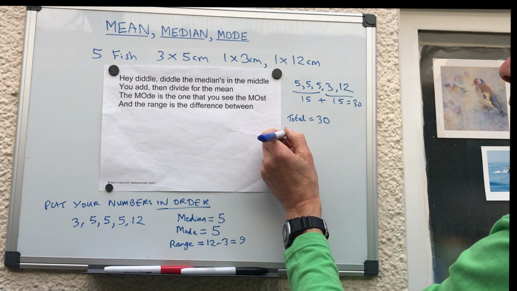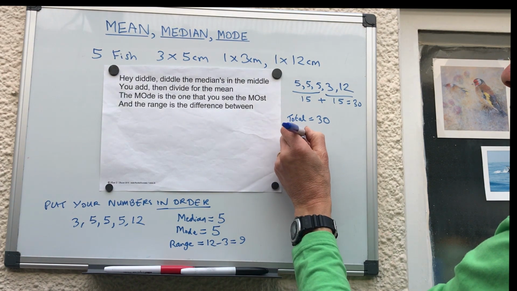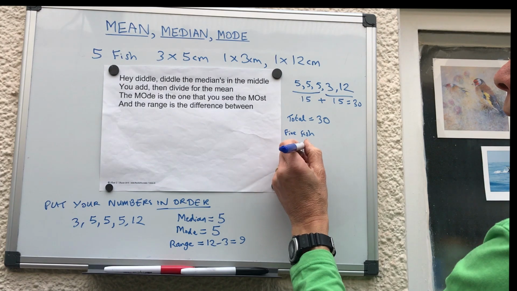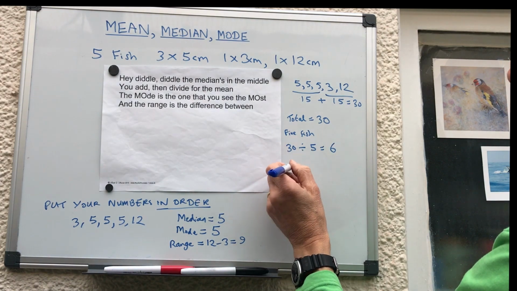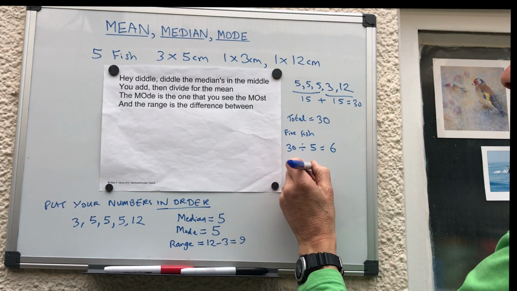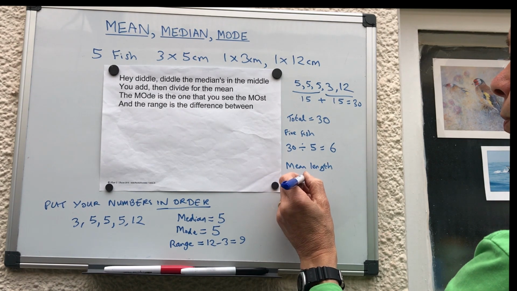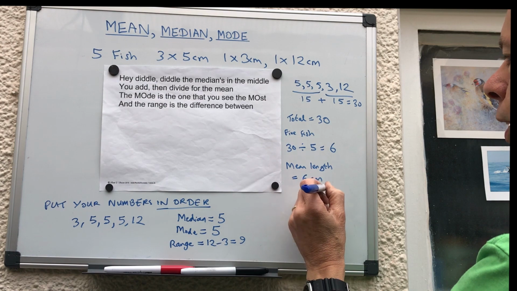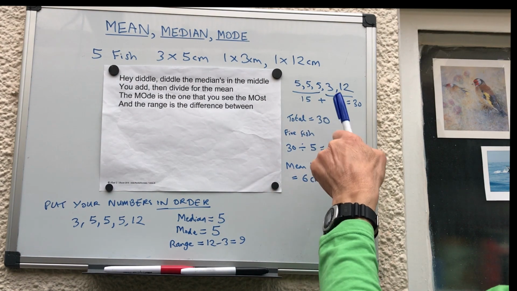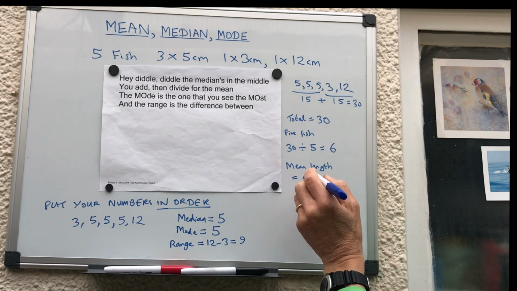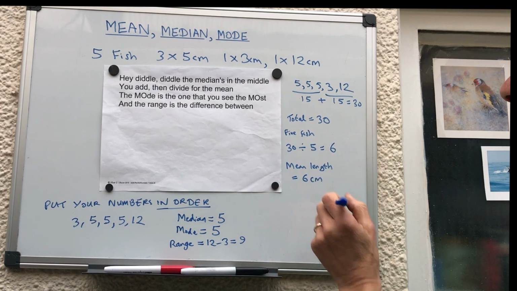There are 5 fish. So we do 30 divided by 5 equals 6. So the mean length equals 6 centimetres.